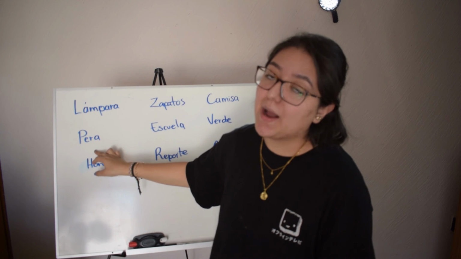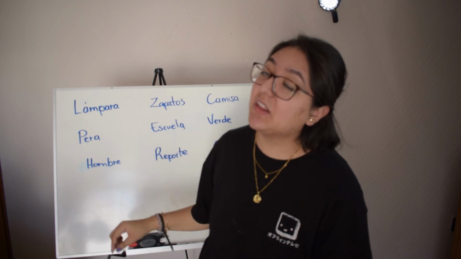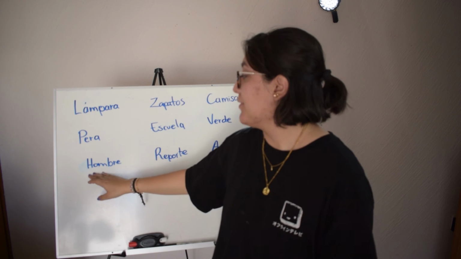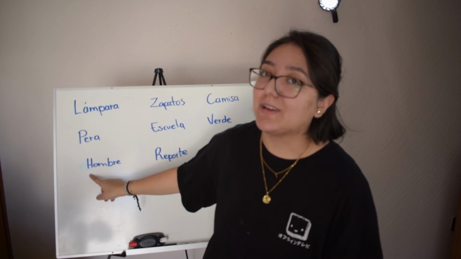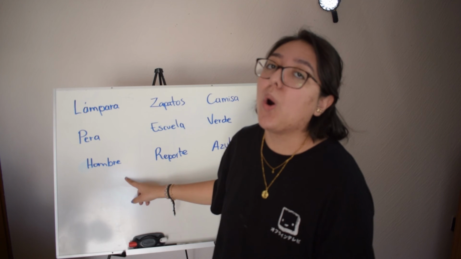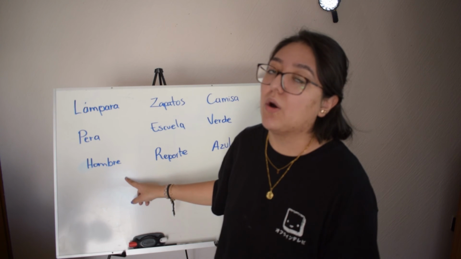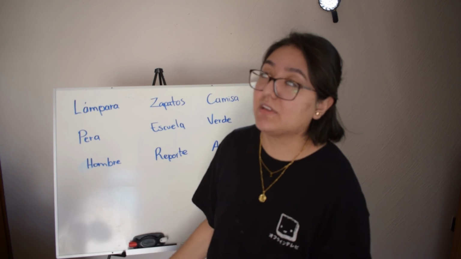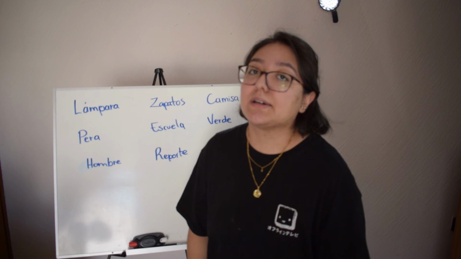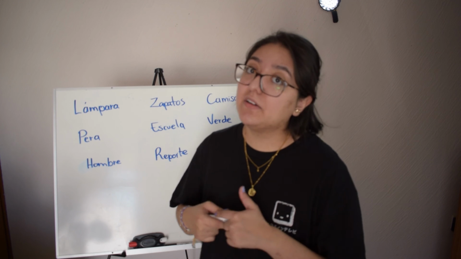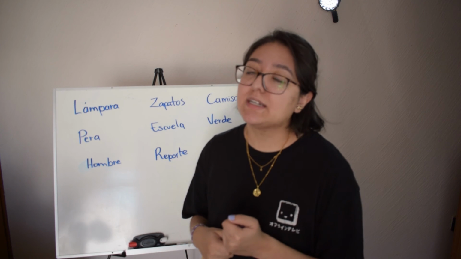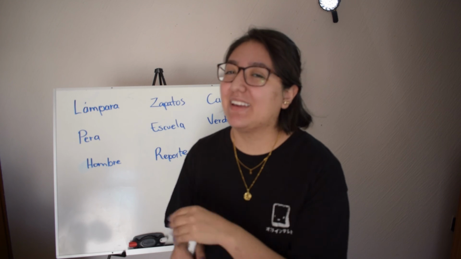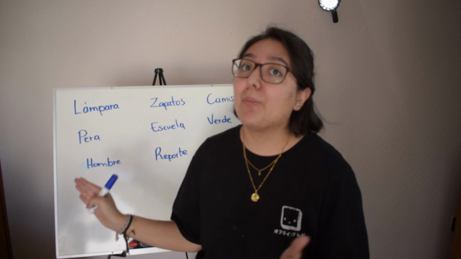Pera. It's not pera, it's pera. The H doesn't have a sound. Hombre. I know that sound, mbr, is also difficult for some non-Spanish speakers. Try to do it. I know it sounds weird, but hombre.